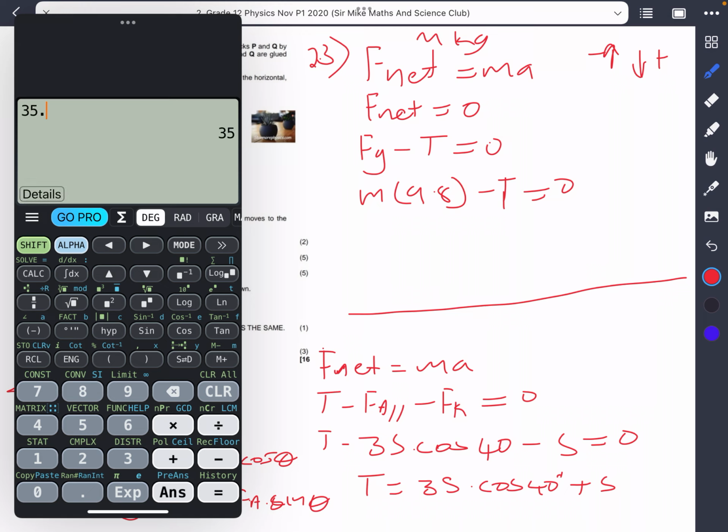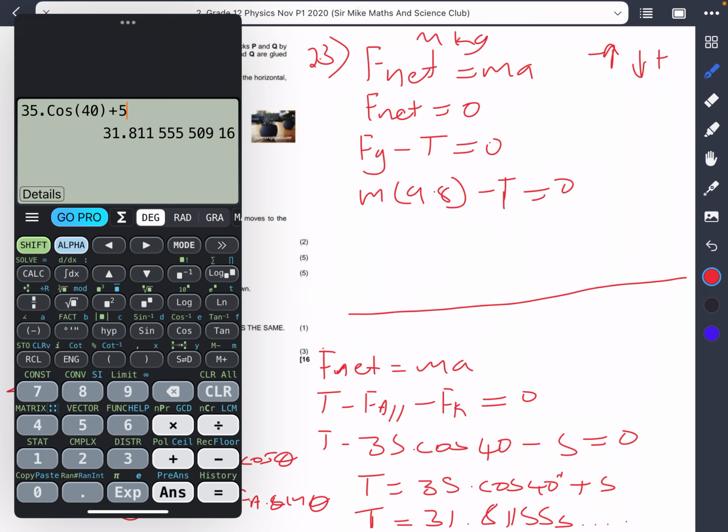So let's see what we're going to get. We have 35 multiplied by cos 40 degrees plus 5, so tension is 31.81155, and some other decimals.